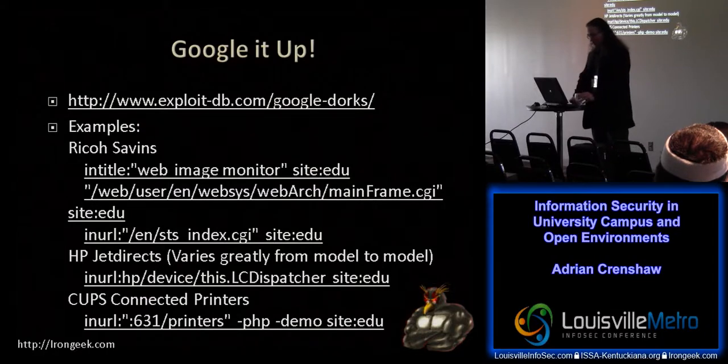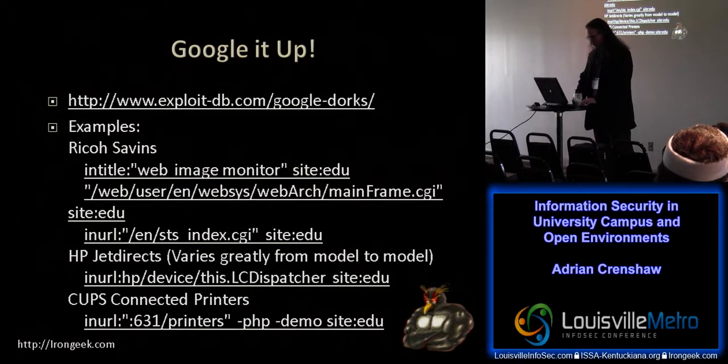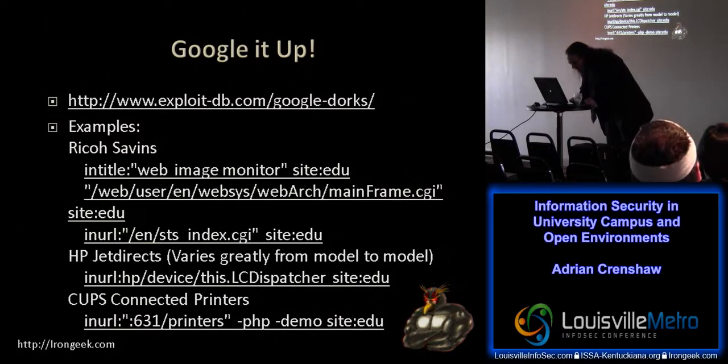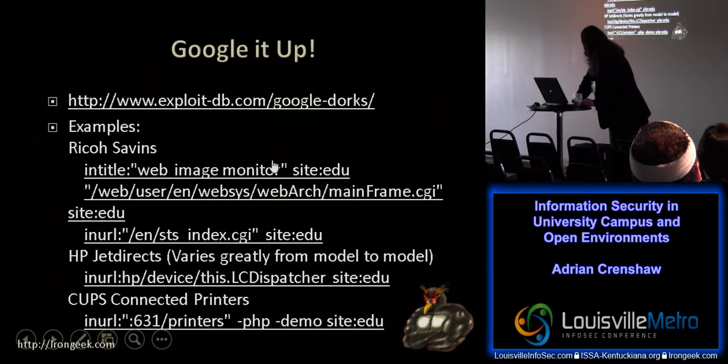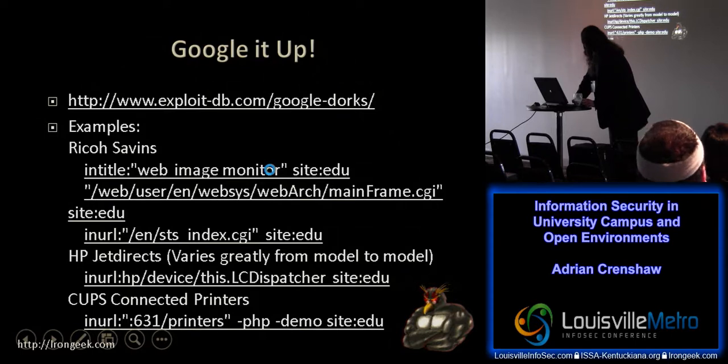Another thing that people can do is, well, let me see if I can get this to work. You can actually use Google to find printers that are out there on networks.